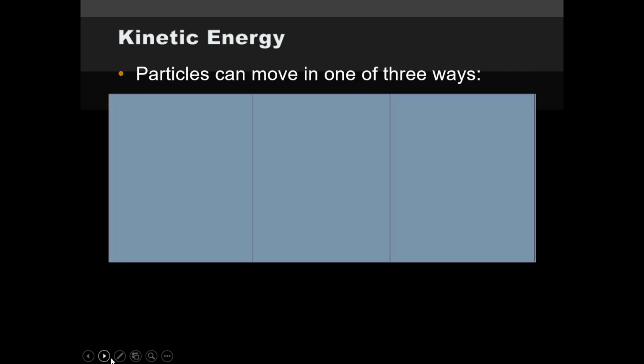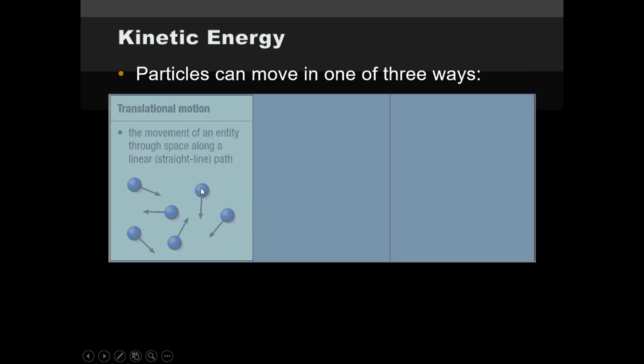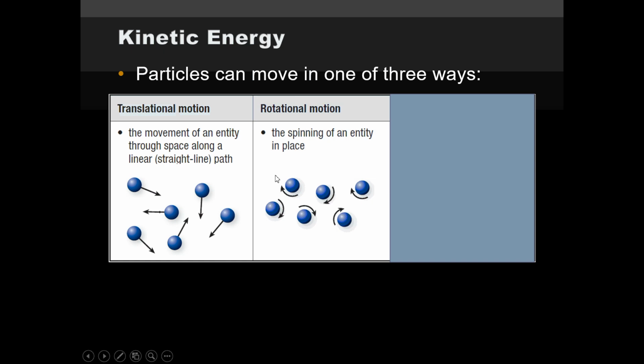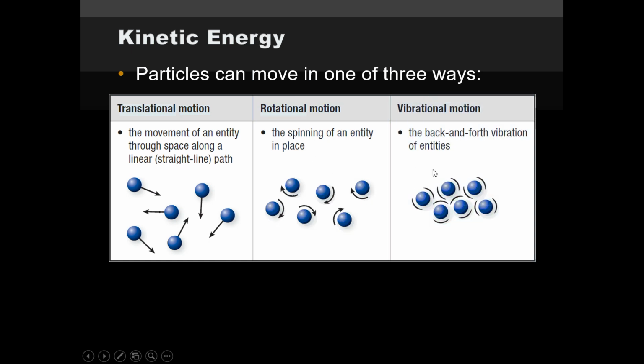Very, very simple. And the particles can move in one of three ways. We've seen this before. The back and forth movement from one place to another is translational. The spinning is called rotational. And finally, the back and forth jiggliness is called vibrational motion.